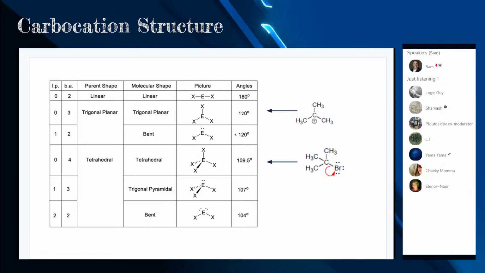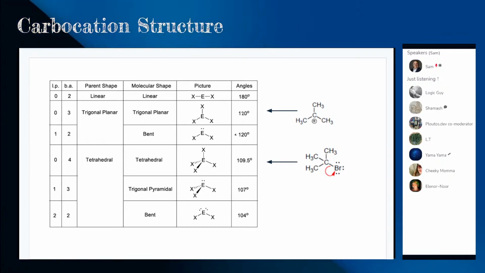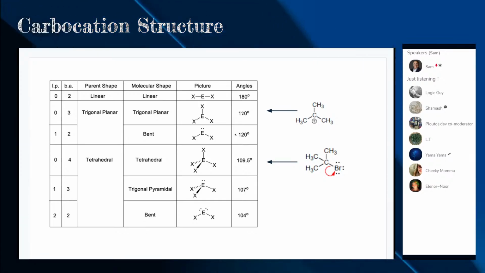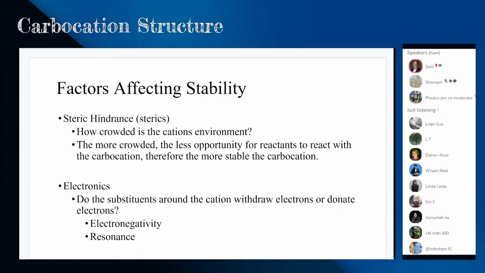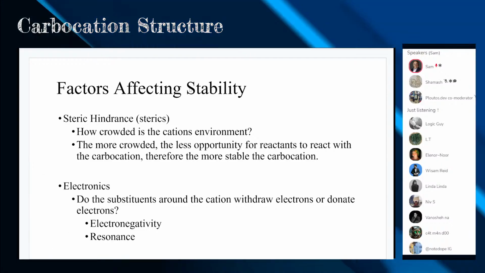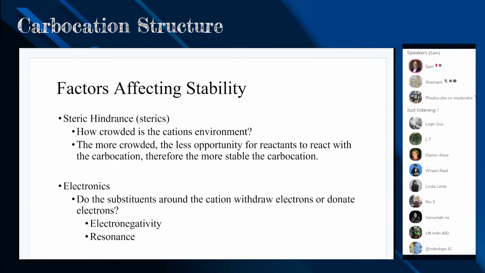How do we design drugs? We know that drugs are acted on by enzymes. And so if in the mechanism of that enzyme, as an intermediate, we form a carbocation, and we want that drug to work really well, then we create an environment around it that would stabilize that carbocation, so that the enzyme can very easily make that carbocation and make the reaction go and have the drug do its thing.